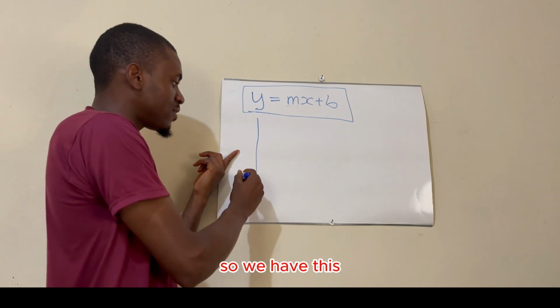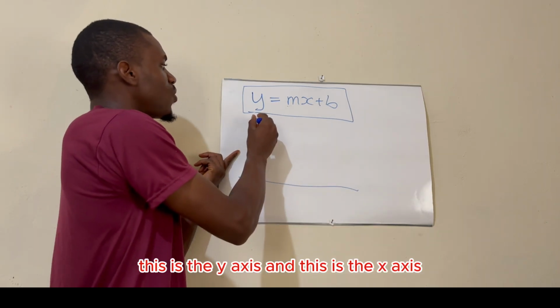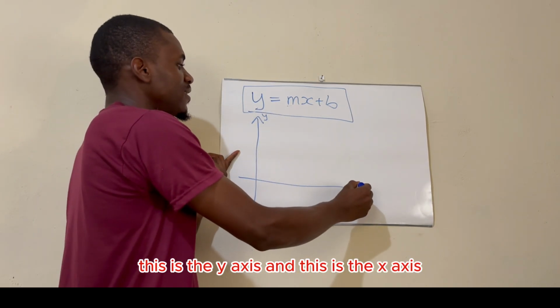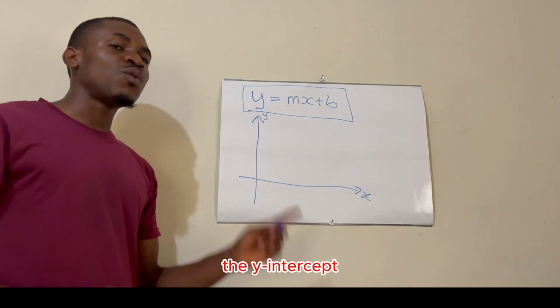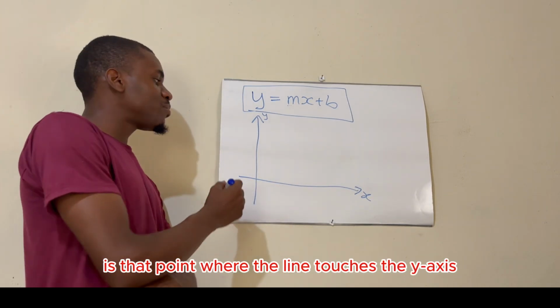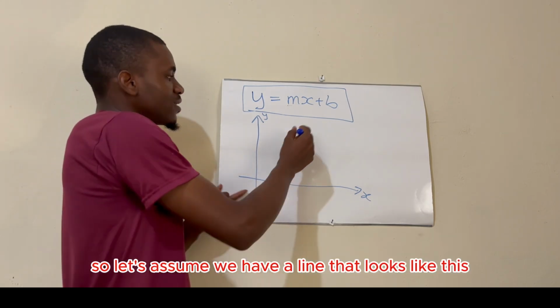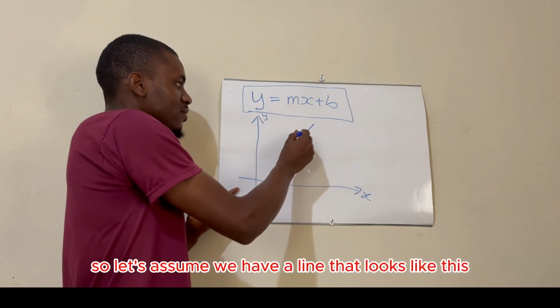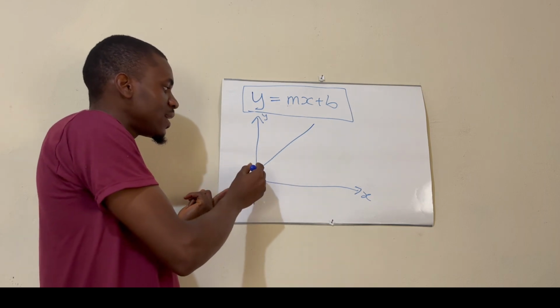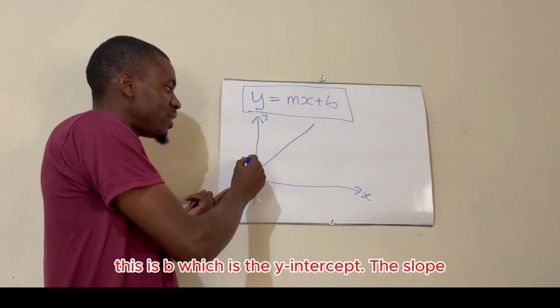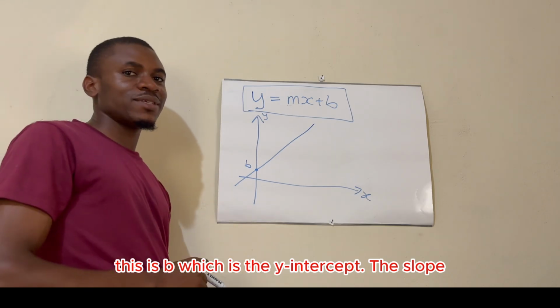So we have this is the y-axis and this is the x-axis. The y-intercept is that point where the line touches the y-axis. So let's assume we have a line that looks like this. This is b, which is the y-intercept.